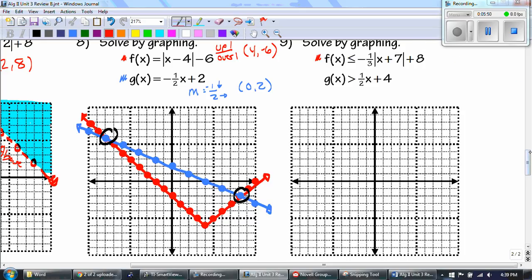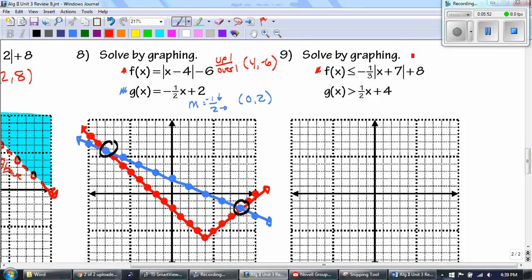So, looking at the first one, the top one, I see that it's going to be closed, and it's less than, so that means below. That -1/3 is telling me that I have to go down 1 over 3, and then my vertex is at -7, 8. Okay, so at -7, 8 is where I start, and I go down 1 over 3, and I'm going to do that in both directions.